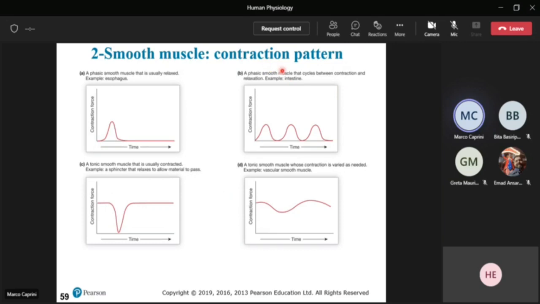In panel B and panel D, we can see other types of phasic and tonic muscles.